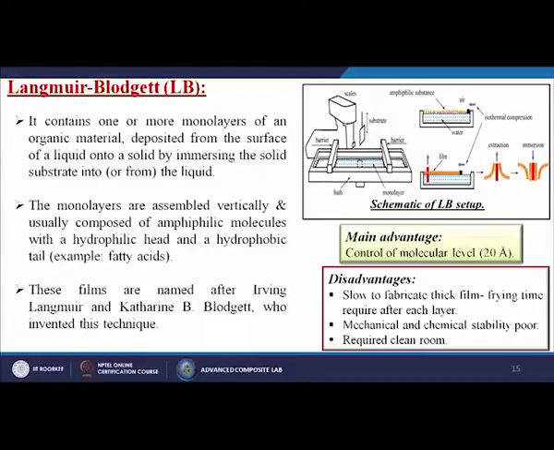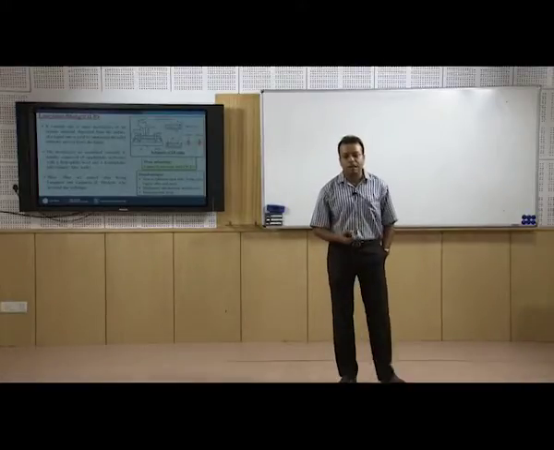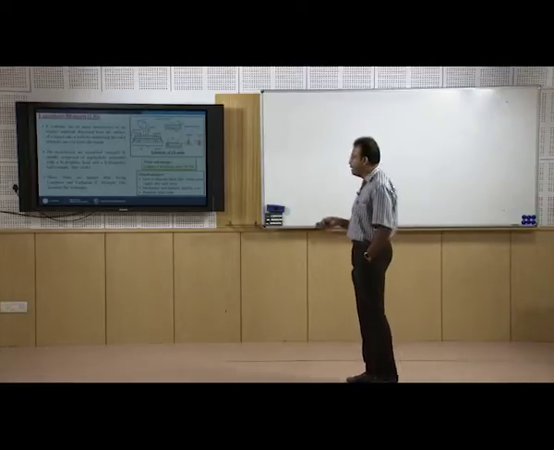Generally we do it by the isothermal compression method. So, we dip the film, then first we do the extraction process, then the immersion process, and in this way we do the coatings onto our substrate materials. Main advantage: control at the molecular level, around 20 angstrom. Disadvantages: slow to fabricate, thick film, drying time required after each layer, mechanical and chemical stability is very poor, and a clean room is required. So, these are all the disadvantages of this particular technique.